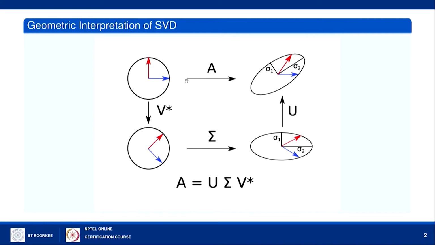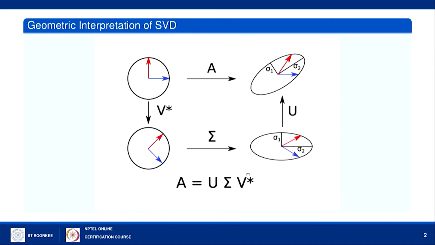If I apply a transformation A, which may also be a rectangular matrix, then this circle transforms into an ellipse with this orientation. What is the meaning of that in terms of singular value decomposition? As you know, singular value decomposition is A equals U sigma V transpose. V star is the transpose in the case of real matrices.